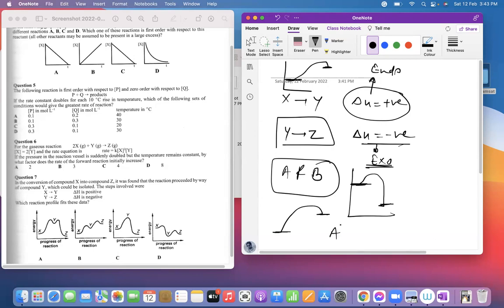So only A is the right choice. Any doubt about this question? Please tell me. Perfect.